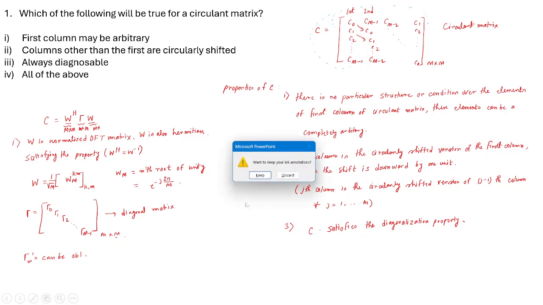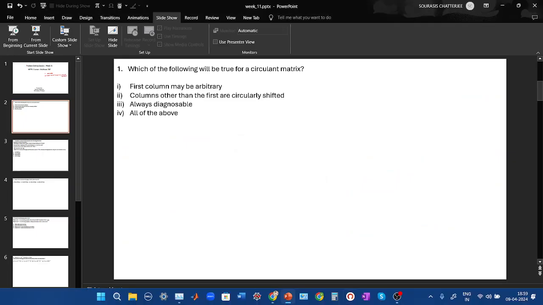I guess the system is still hanging a little bit. Let me just check once.